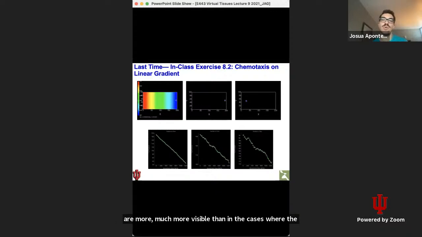This means that when the lambda chemotaxis is smaller, the movements due to random fluctuations and chemotaxis are on par, or closer to each other than in the case where lambda chemotaxis is much higher, where the cell movement is almost entirely driven by the chemotaxis.